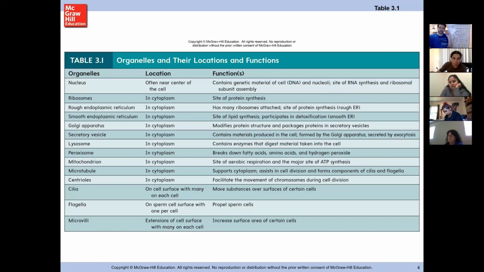ROSs are interesting because they've got a lot of links to things like cellular health. If you have an ability to process a lot of reactive oxygen species, we're seeing that there seems to be a positive correlation with things like lifespan.